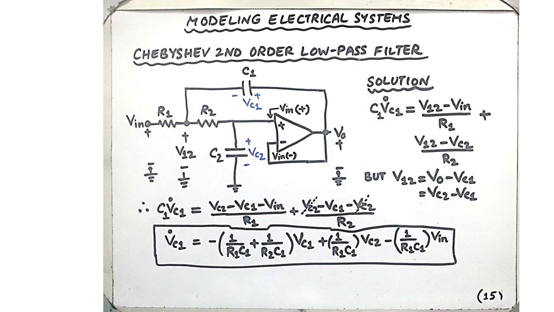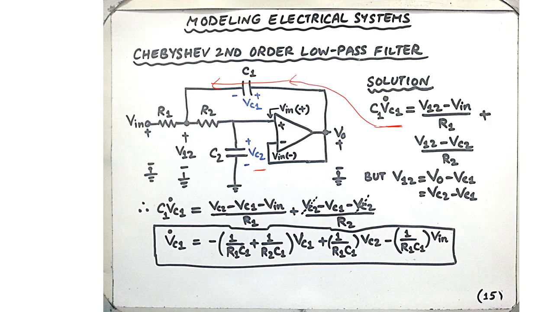We have attained one state space equation, in the form of the derivative of the voltage across capacitor C2. We next want to obtain the state space equation containing VC1 dot. That is our other state variable. VC1 dot multiplied by C1 gives us the current through this capacitor flowing in this direction. This is the current shown here.